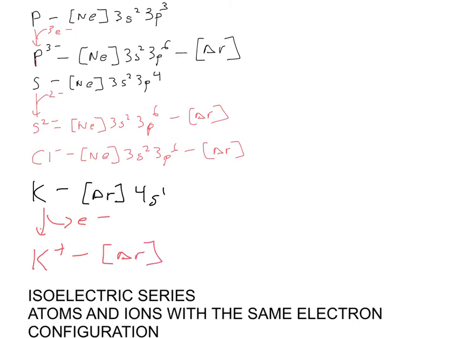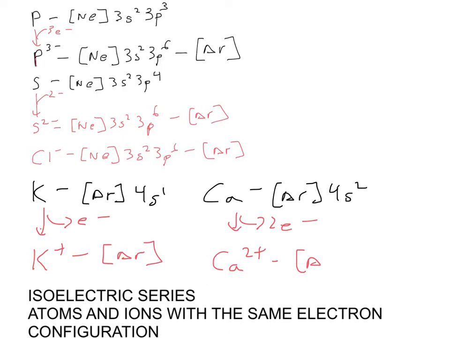Ooh! Let's take a look at calcium. Calcium is argon 4s2, and it forms an ion by losing 2 electrons. That makes it the same electron configuration as argon.